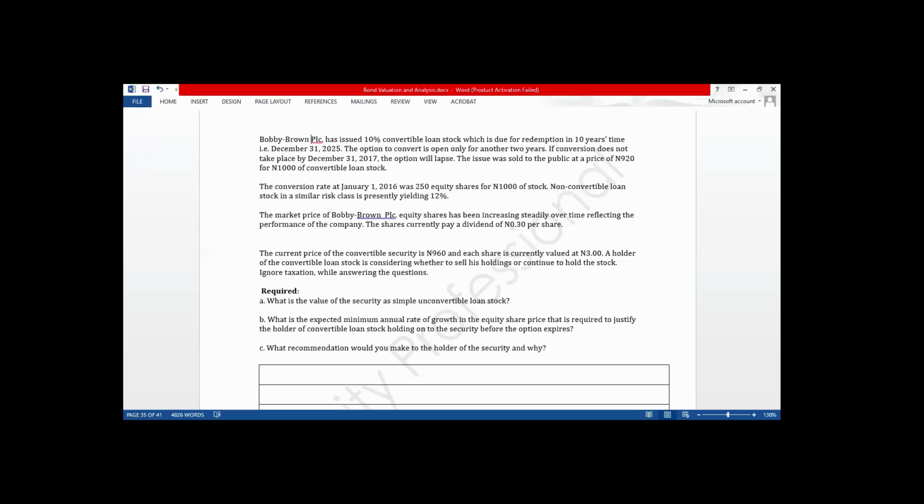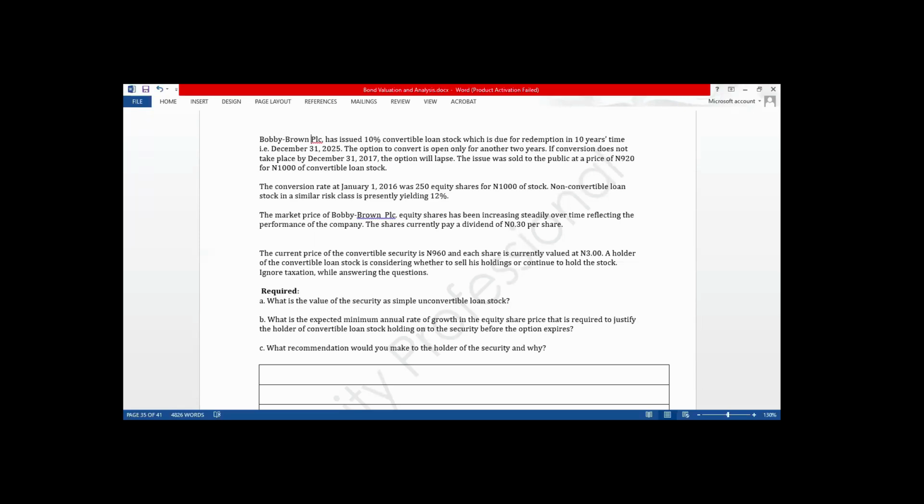Convertible loan stock are debt instruments that give the debt holder the rights, but not the obligation, to be converted to ordinary shares. I'll repeat that.